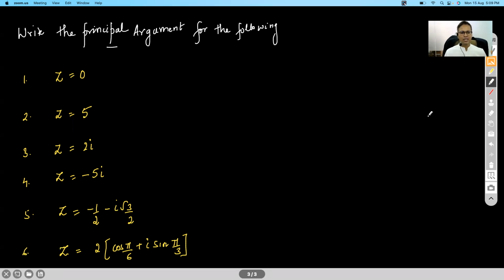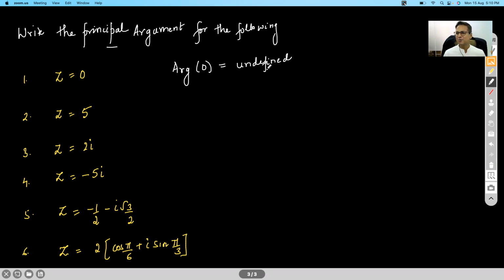Okay, let's discuss this out. So for the first one, most of you have written 0 for it, but you'll be surprised to know the argument of 0 is undefined. Why is the argument of 0 undefined? Because if you have a line connecting 0 to itself, it is still a point, right?